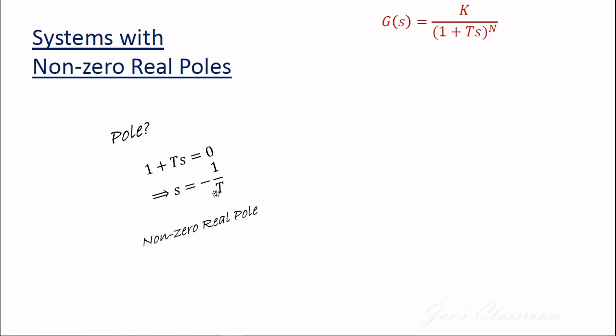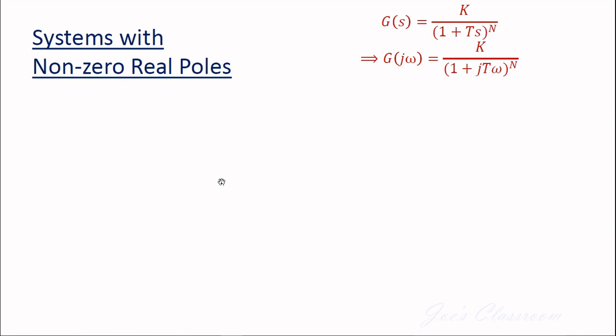And if this is a finite value, this pole is going to be non-zero. So this transfer function represents systems with non-zero real poles. The number of poles is equal to n. So this system will have n poles at -1/T.